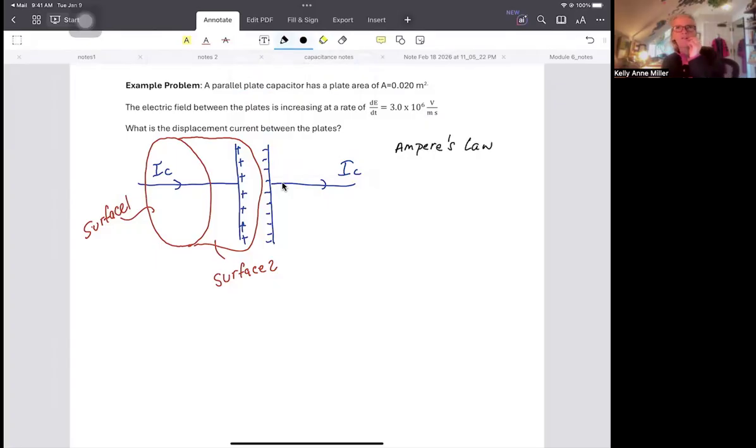Ampere's law basically says that the path integral around any path of B dot dl should equal mu naught times I enclosed, no matter what the surface looks like. That's what Ampere's law says.